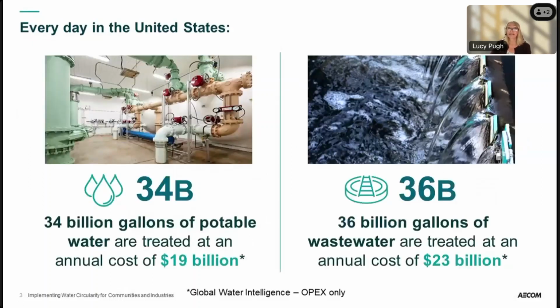So every day in the United States and around the world, billions of gallons of water are extracted and treated for use by communities and industries. And the wastewater that's produced, again, billions of gallons, is treated to very high quality and discharged back to the environment.